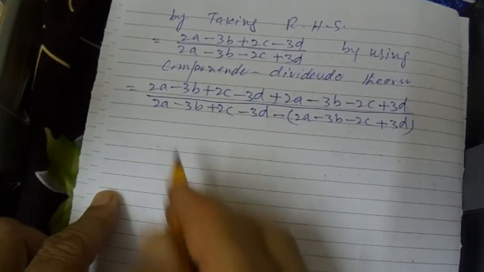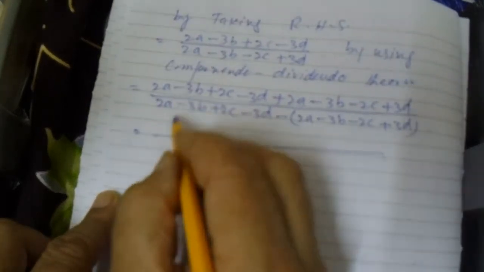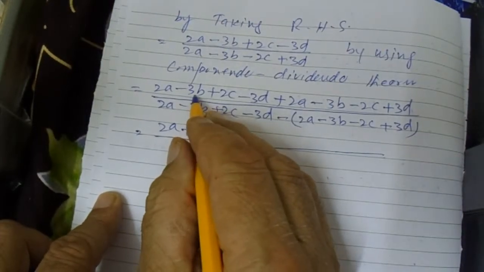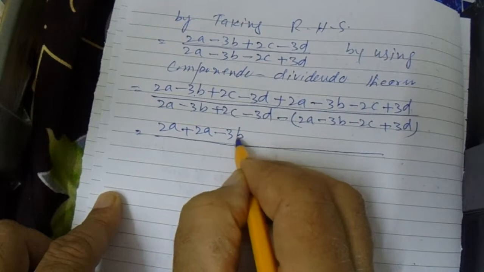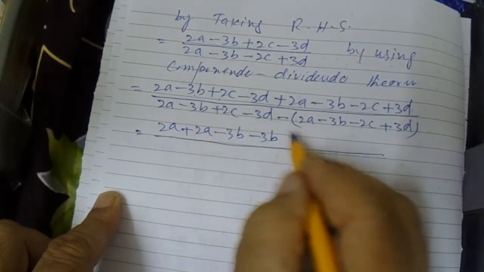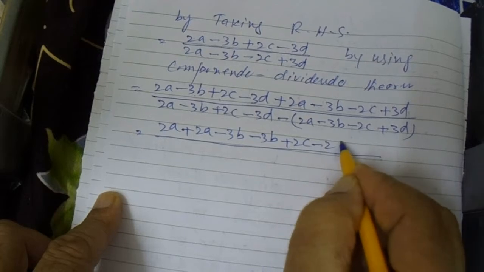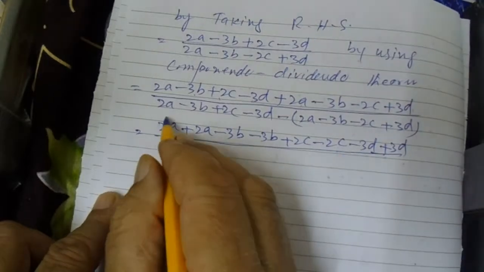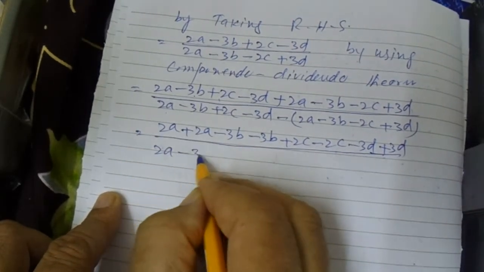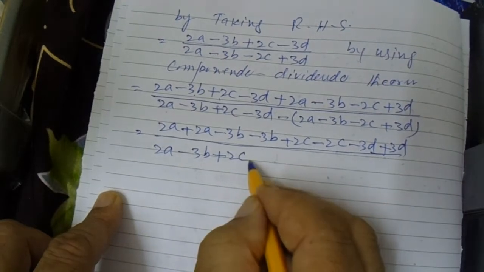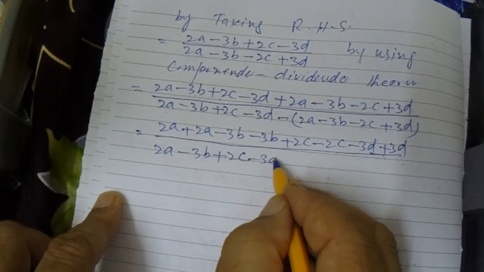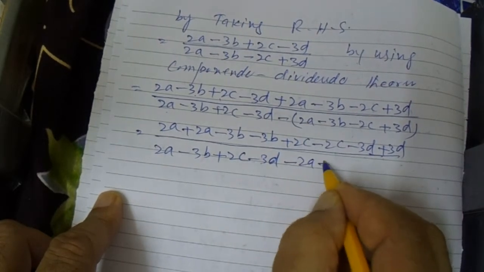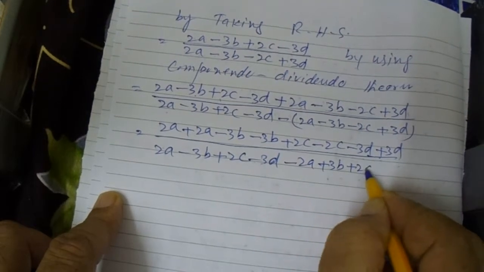Again we arrange: 2A plus 2A, minus 3B minus 3B, 2C minus 2C, minus 3D plus 3D over 2A minus 3B plus 2C minus 3D, minus 2A plus 3B plus 2C minus 3D.